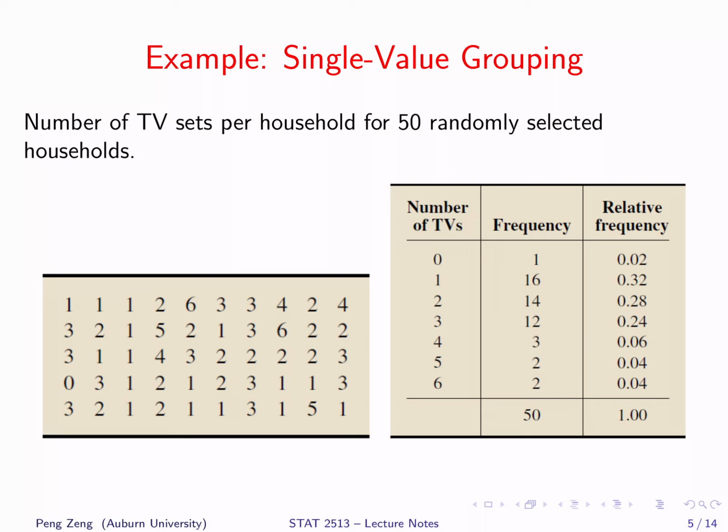Count the number of zeros, number of ones, and so on. We thus construct a table for frequencies. Divide each frequency by 50. We get relative frequencies. Make sure to check that the sum of relative frequencies is 1.